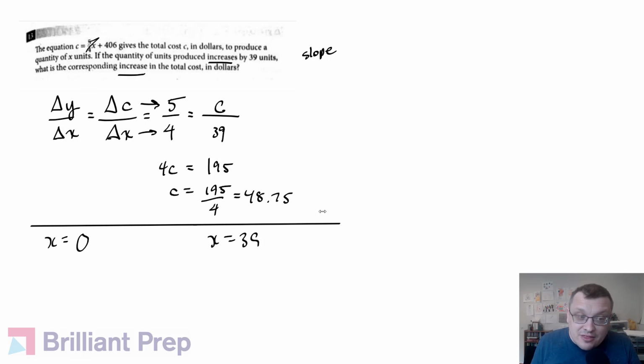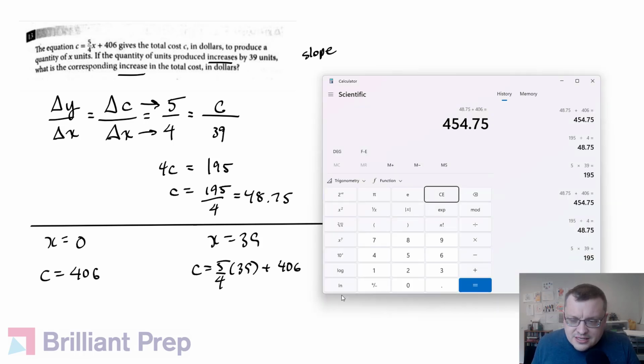When x is 0, that term just drops out, and we find the cost would be 406. Now I forget what we got when we plugged in last time, but we'll just do it again. We plug in 39 for x and compute: 5 divided by 4 times 39 plus 406 is 454.75.